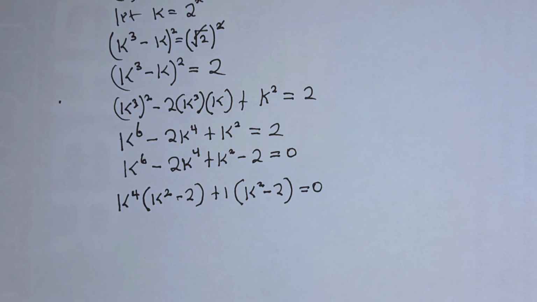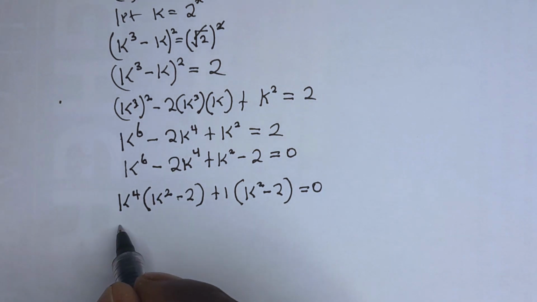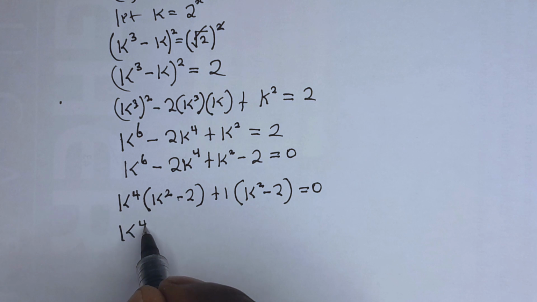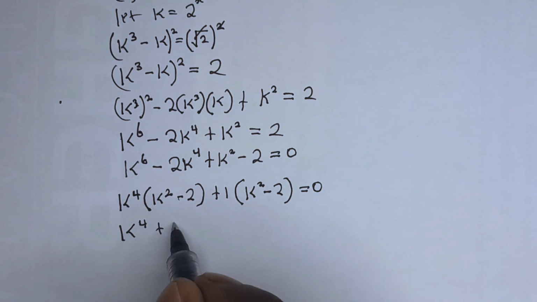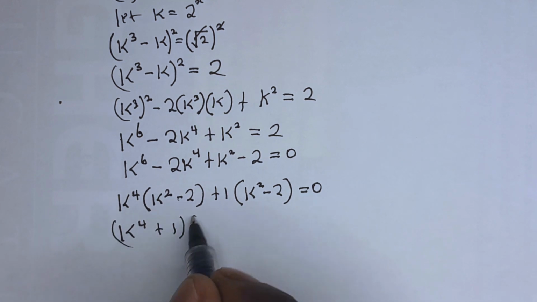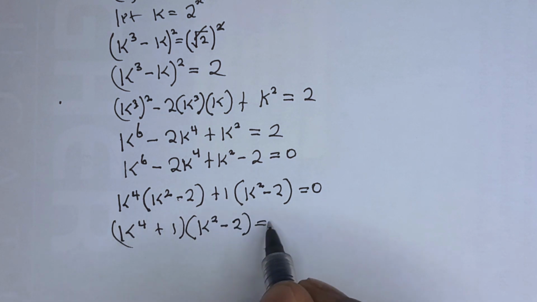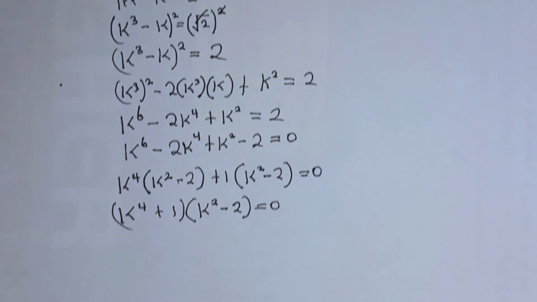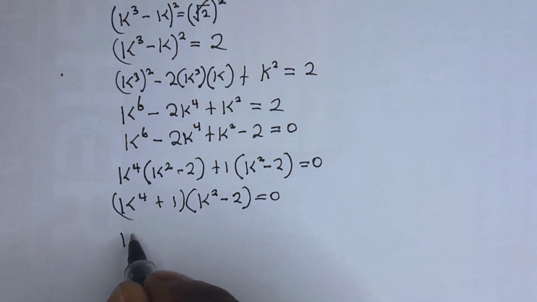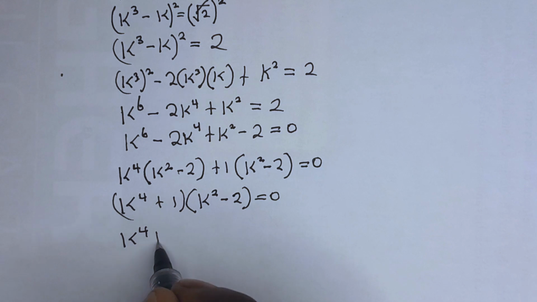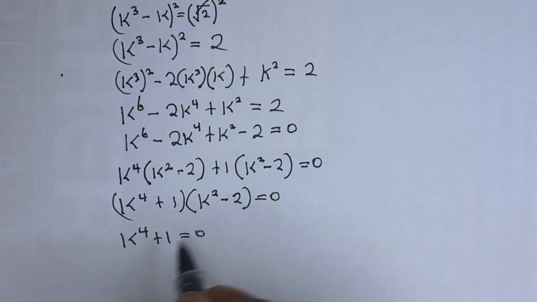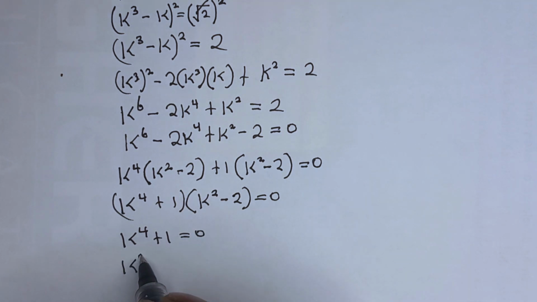Right? Therefore, k to the power of 4 plus 1, k to the power of 2 minus 2, which is equal to 0. So k to the power of 4 plus 1 equal to 0, or k to the power of 2 minus 2 is equal to 0.